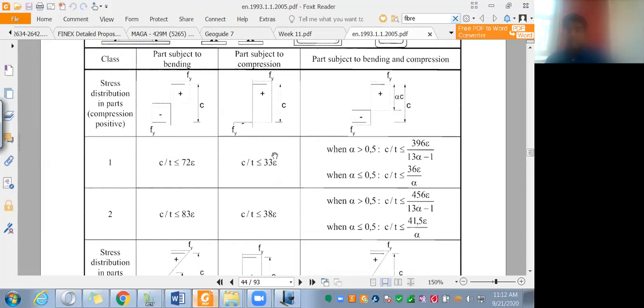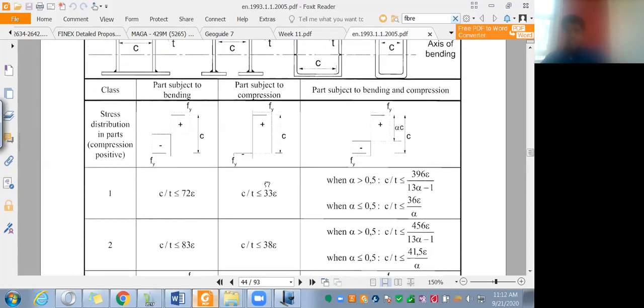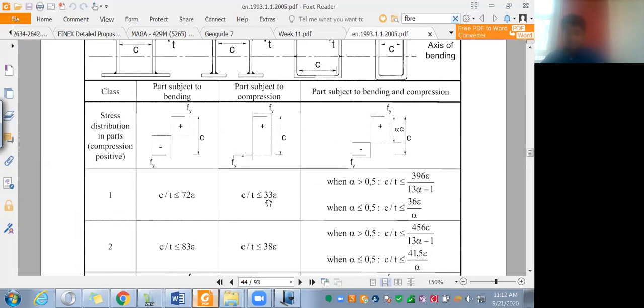If the member is under compression, this is the value that you have to consider, 33 epsilon.